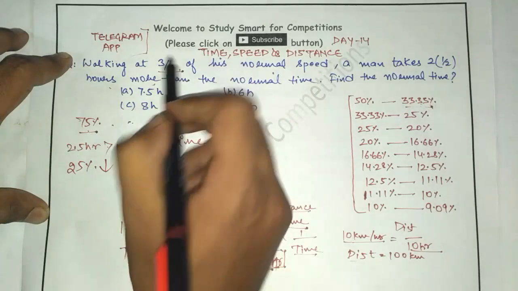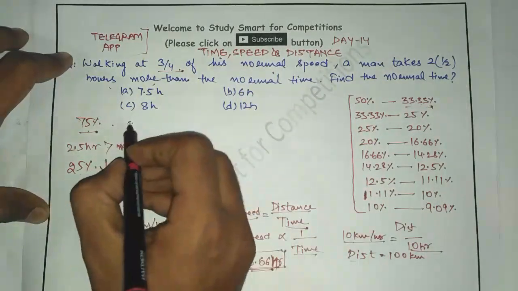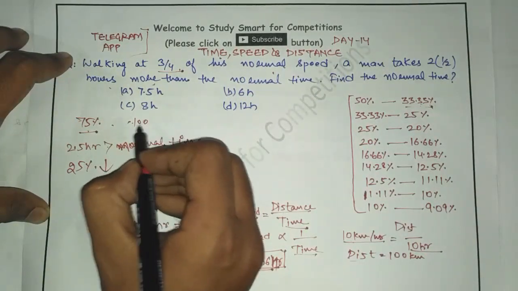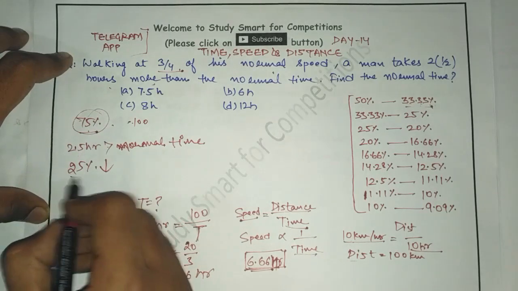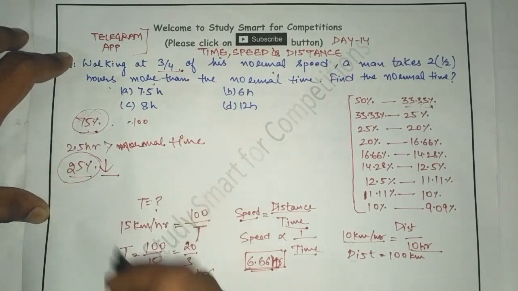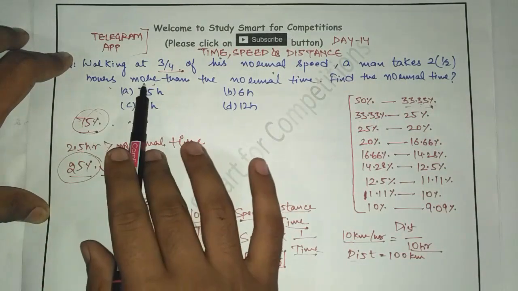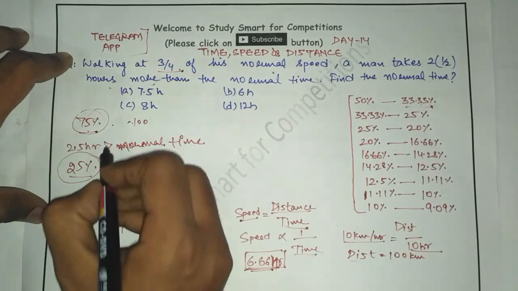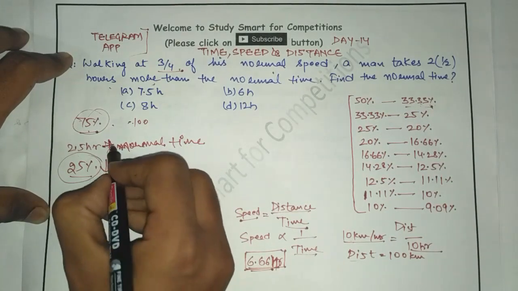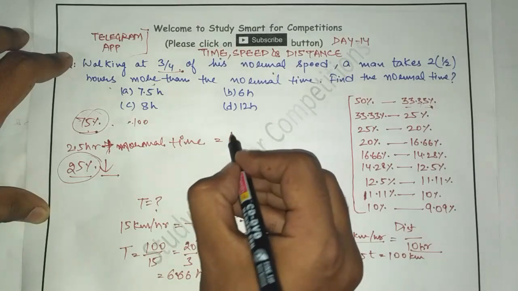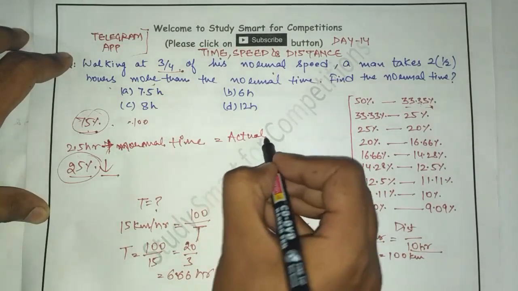He is walking at 3/4 of his original speed. If his original speed is 100%, now he is going at 75%. So there is a 25% decrease in speed. Now he takes 2.5 hours more than the normal time. So normal time plus 2.5 hours equals actual time.